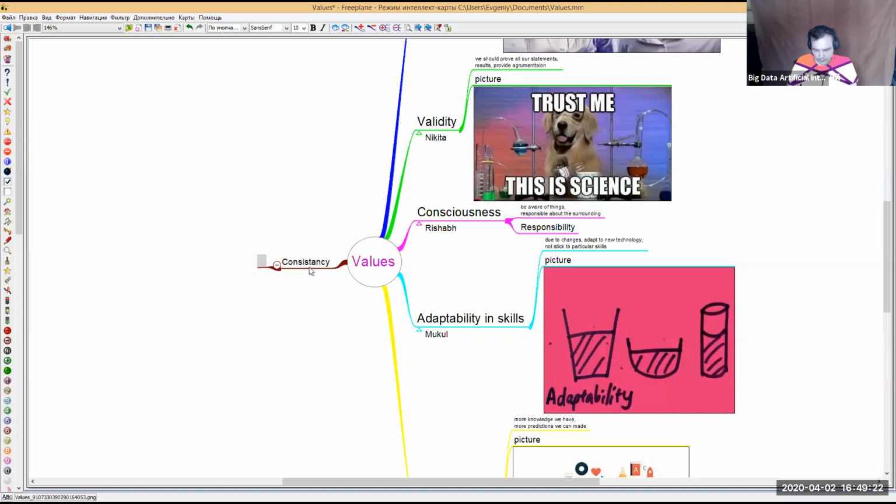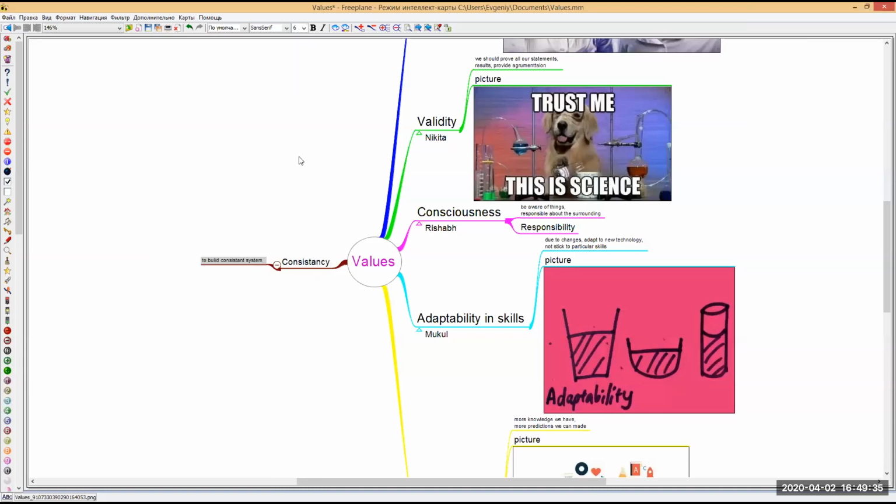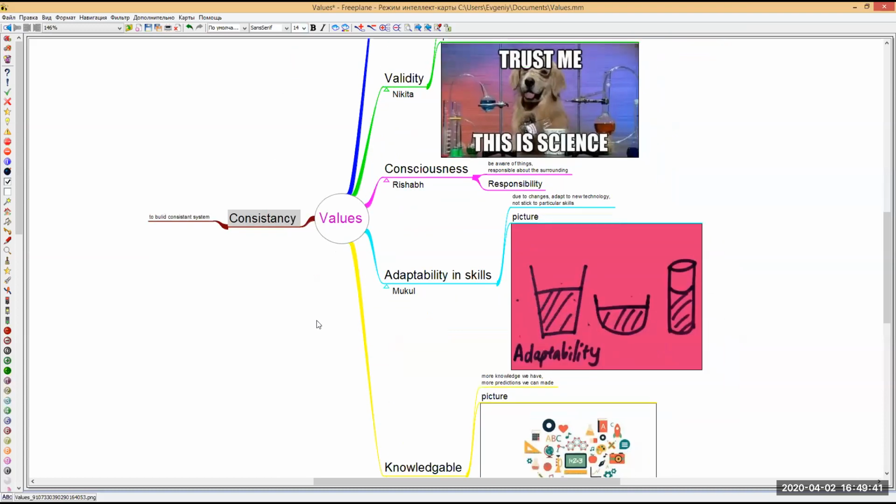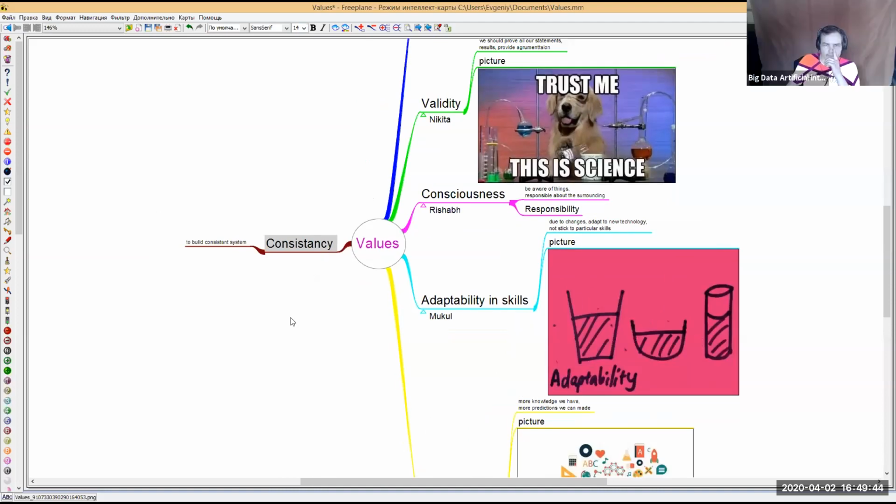To build consistent system, I understood. I meant not really this. Let me think a bit.